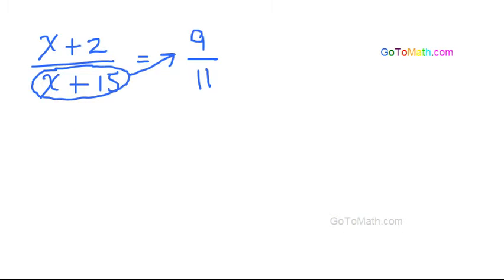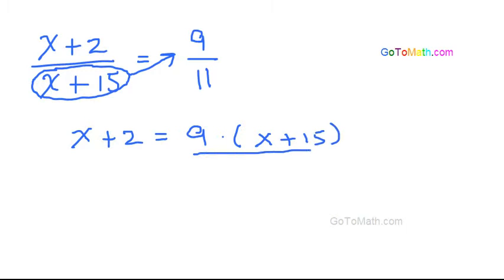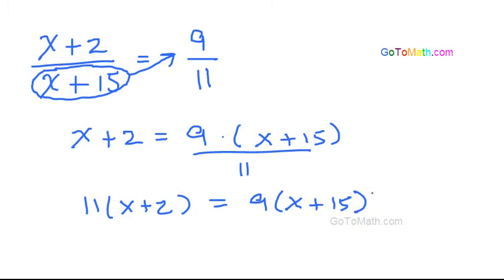So we have x plus 2 is equal to 9 times x plus 15, and that's all over 11. Now let's take this 11 over to the other side. So this becomes 11 times x plus 2 is equal to 9 times x plus 15.